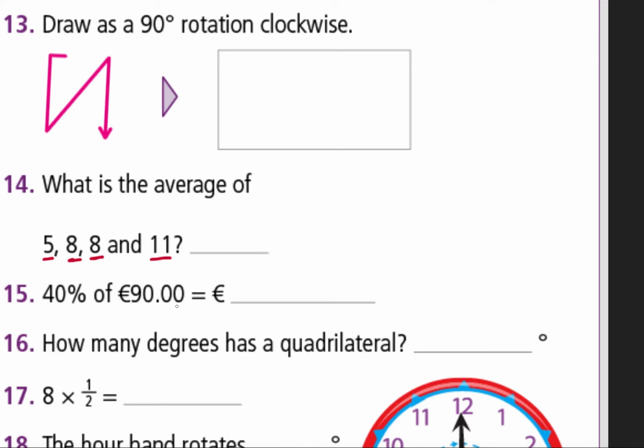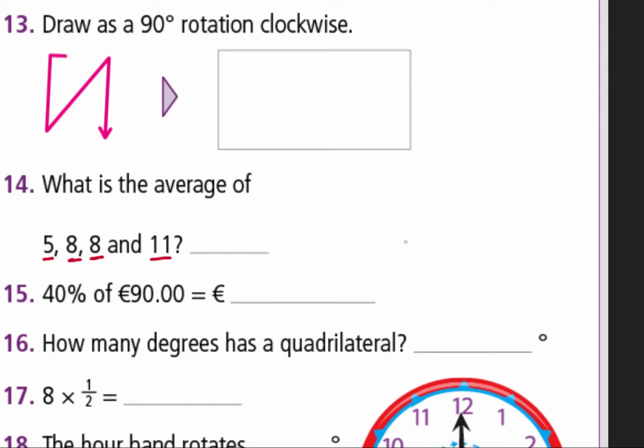Question 15. What is 40% of 90 euro? So to do this one, probably the easiest way to do it is look at what fraction is 40%.